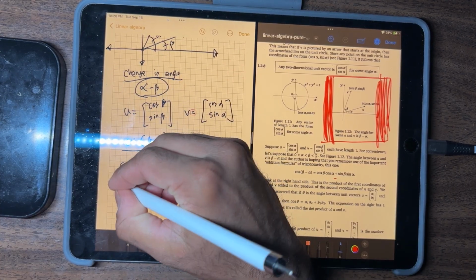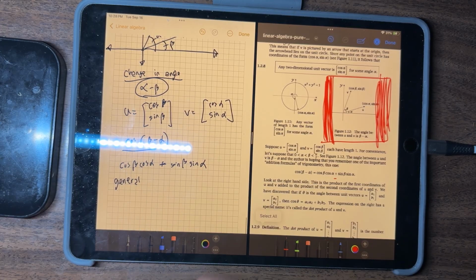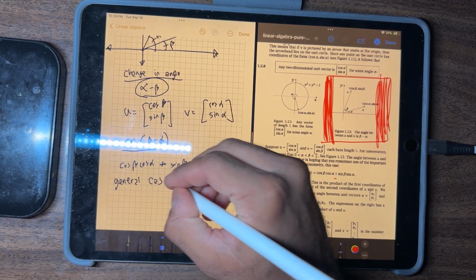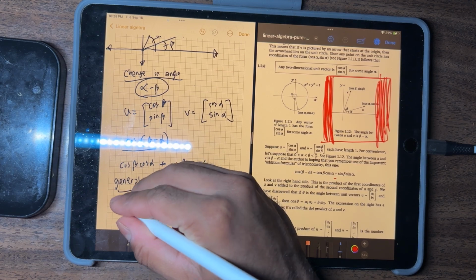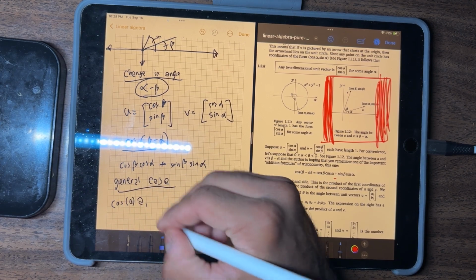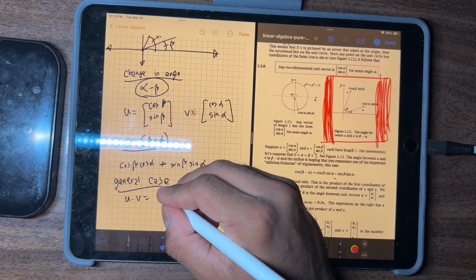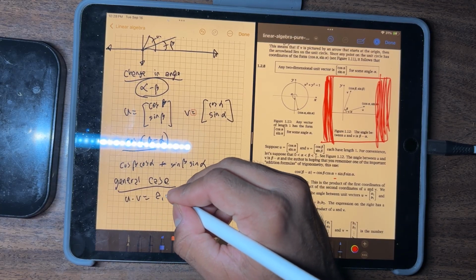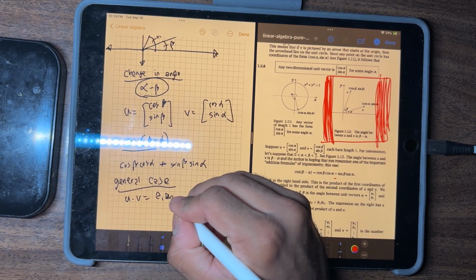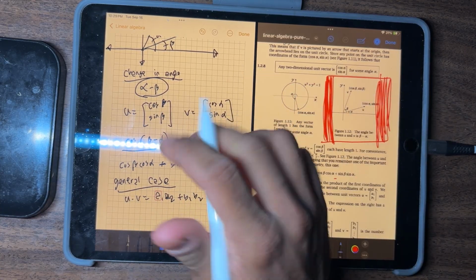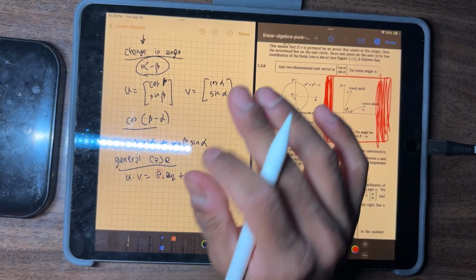So in the general case, that would be cosine theta. So technically U dot V would be A1 A2 plus B1 B2, in general, not worrying about the angles and so on.